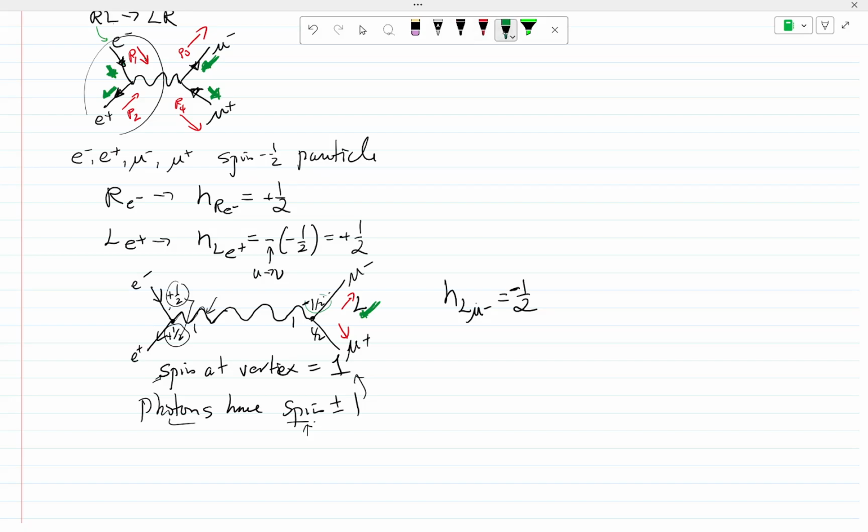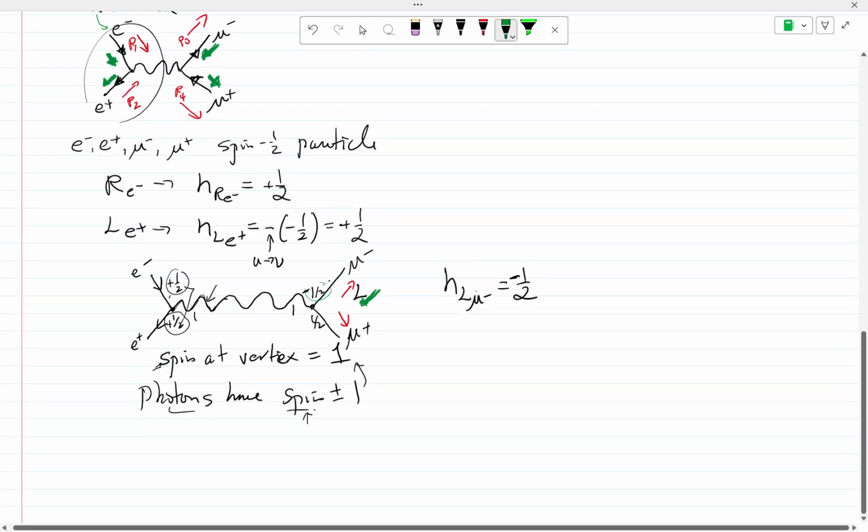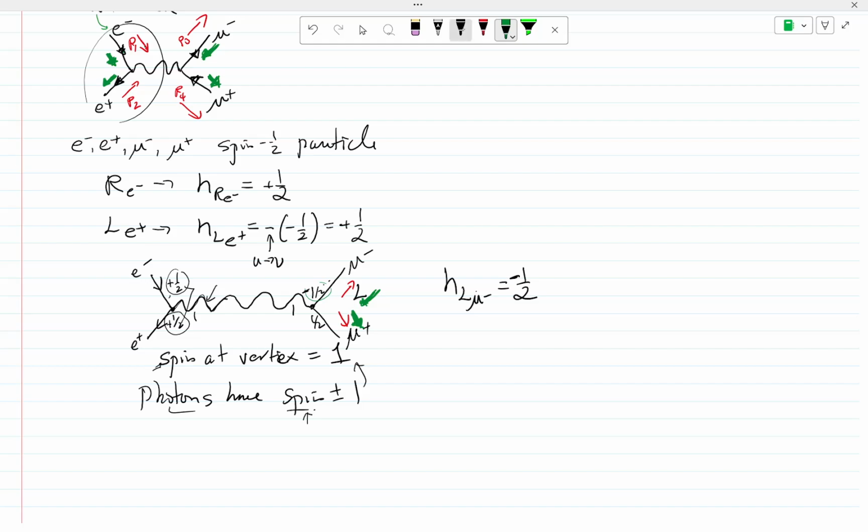Let's figure out the helicity of this one. It has to come out right-handed, so the helicity and the momentum are aligned with each other. But since this is a right-handed anti-muon, we put this little extra negative sign here because you're going from a particle to an antiparticle, and the magnitude is 1/2.